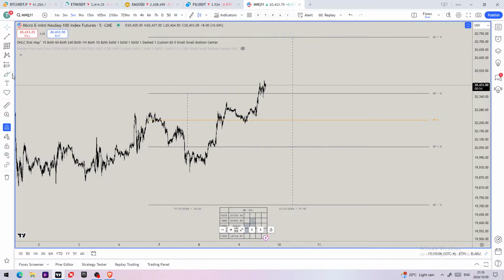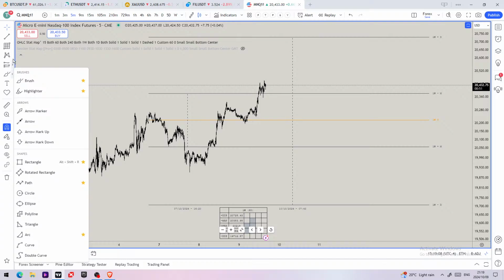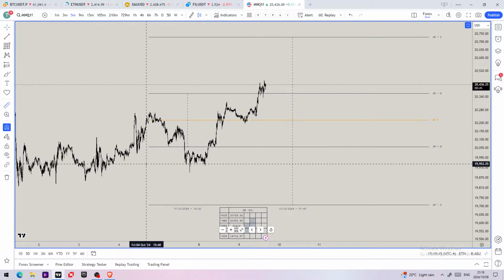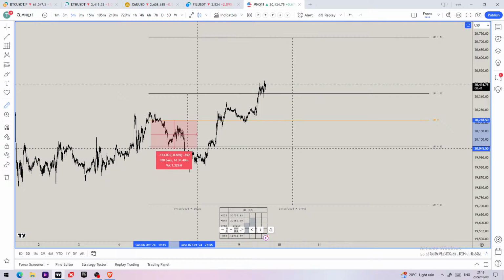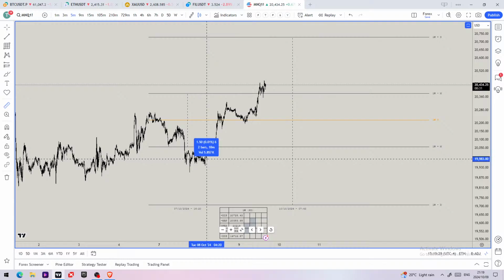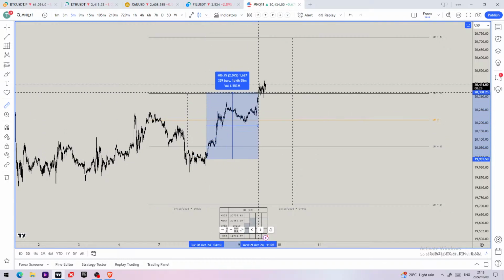Now look at the amount of real estate you are dealing with if you are a swing trader. From the open to manipulation below, 165 handles. From manipulation, if you had found an entry like I did, to the open or to the weekly manipulation level, 400 handles.